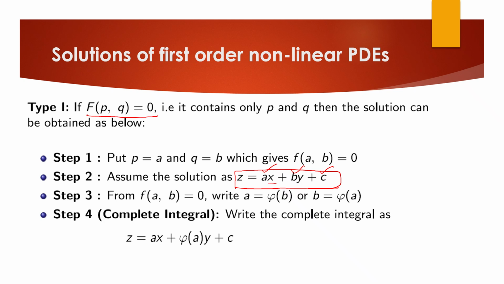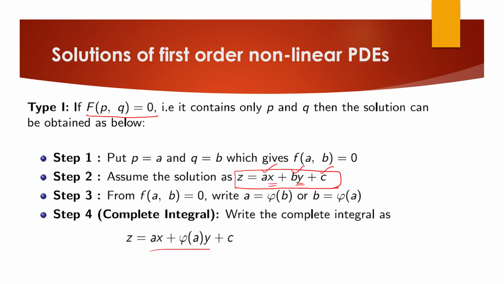Here we have two independent variables, x and y, which means the solution should involve two arbitrary constants, but now we have three. So we reduce one constant so that we get a complete solution.